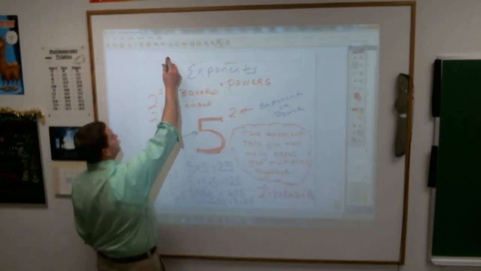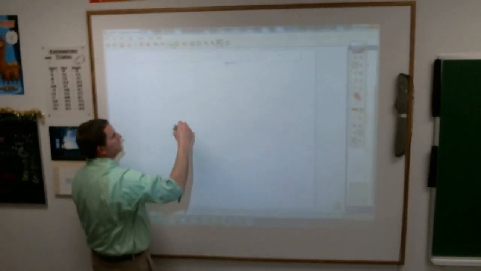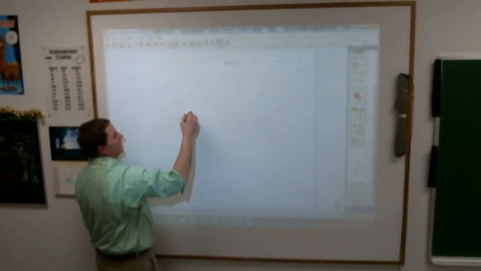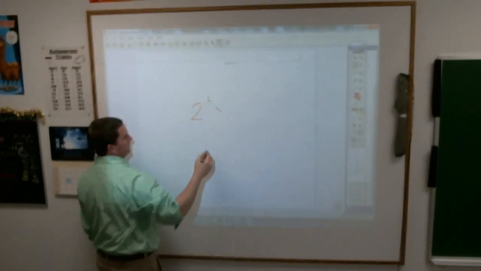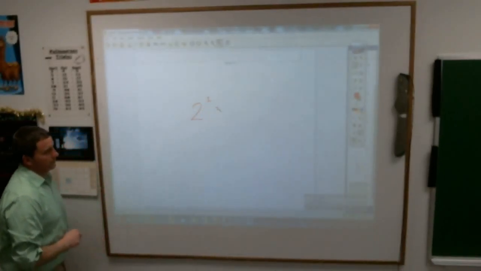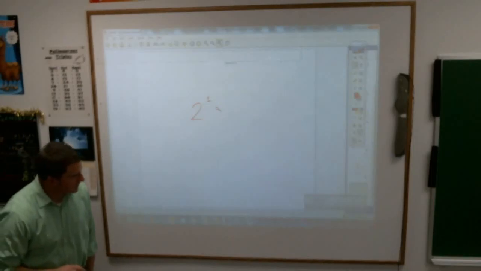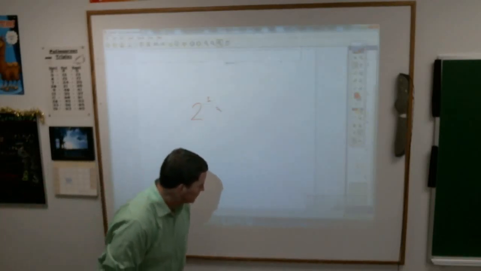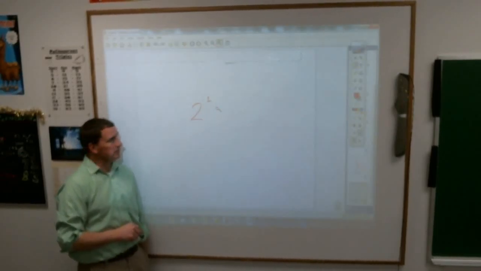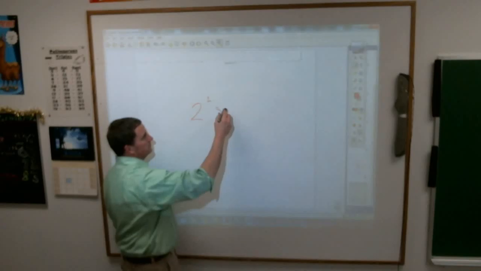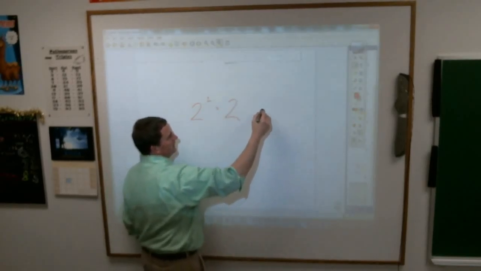Now, a couple special sort of things here that you'll never know and probably would never guess. How about 2 to the first power? That one might make some more sense. Anything to the first power, or 2 to the first power, Landon? 2. Is 2. So we write that down.